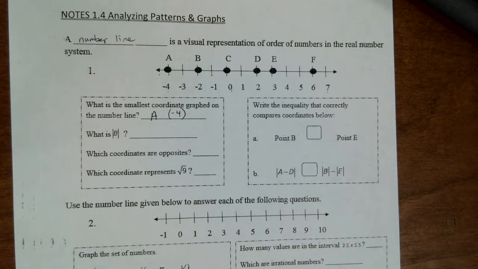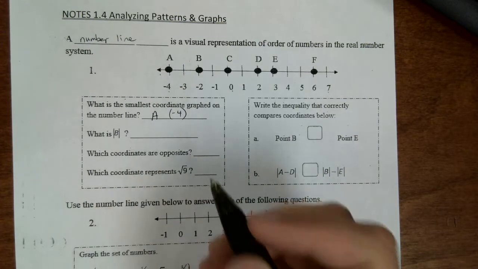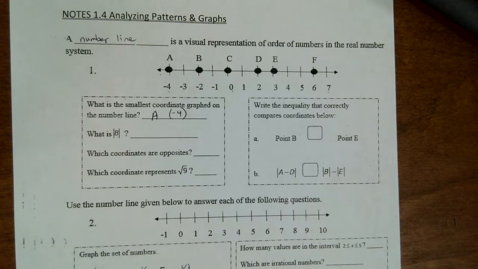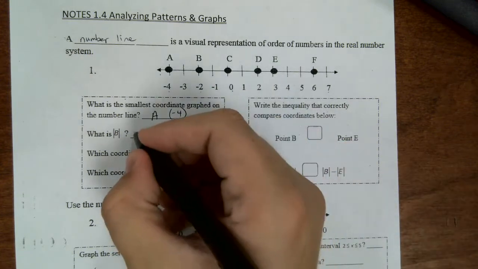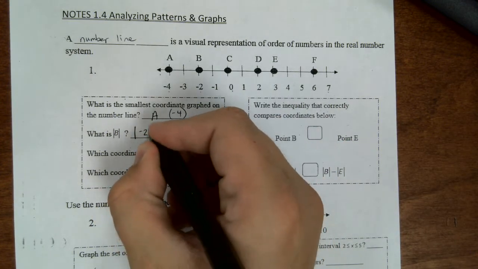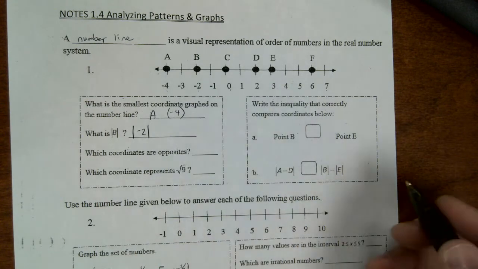Next up, what is the absolute value of B? Remember that little bar sign right there, that is going to be absolute value. Absolute value tells me how far a number is away from 0. Point B is at -2, so the question we're answering is, what is the absolute value of -2? How far away is -2 from 0?